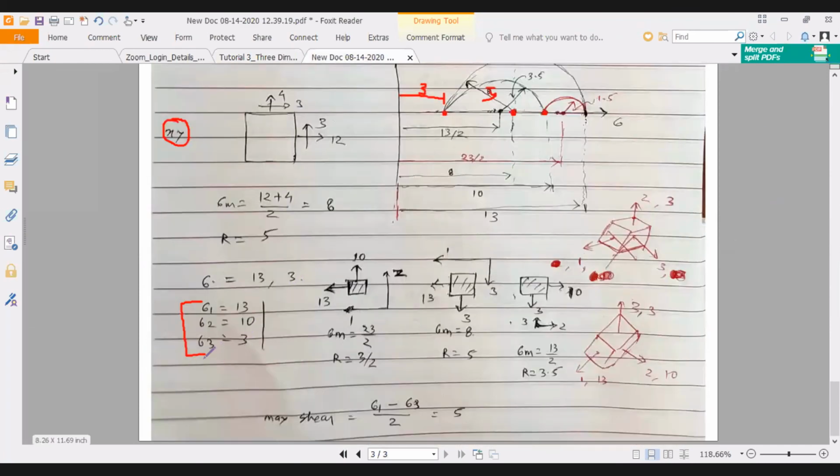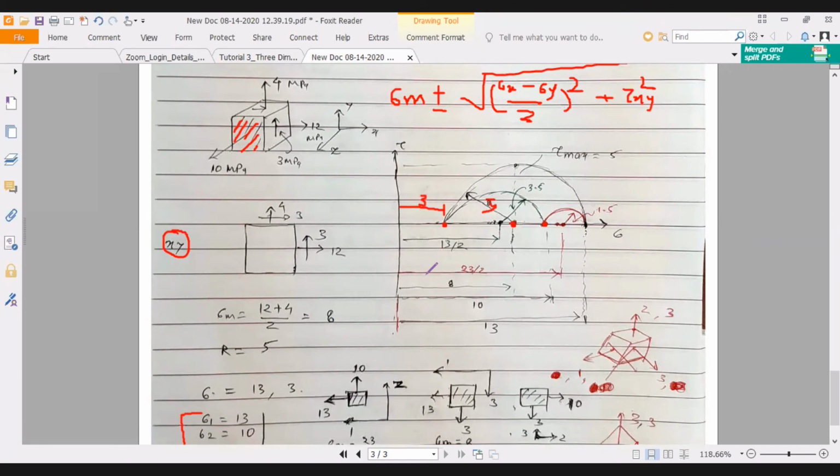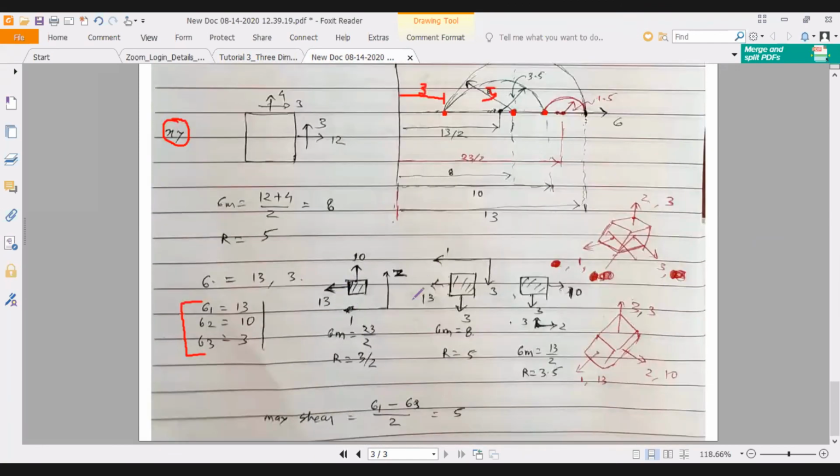Now we have to represent these stresses as circles in the normal stress and shear stress plane. We can draw them in three different ways, corresponding to three different planes, that is the 1-2, 2-3 and 1-3 planes.